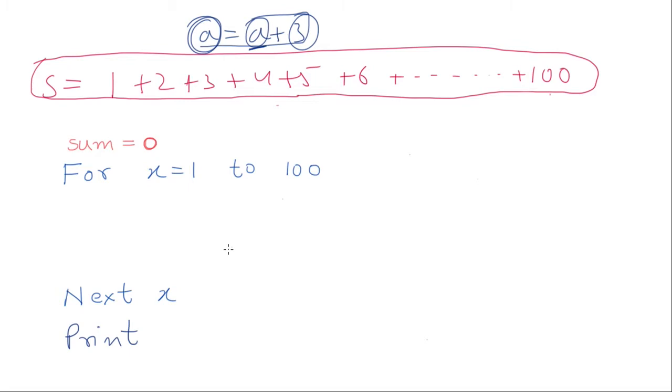Okay. So it would be something like this. Guys, pay attention. Sum is equal to sum plus x. Now, what the hell is this doing? What is this step doing?